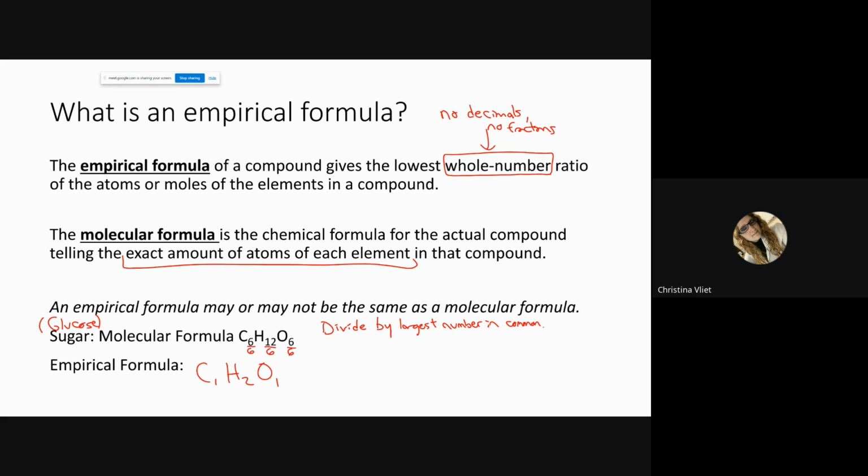So all simple sugars actually keep this ratio. Not only glucose has this ratio, but fructose has this ratio, and galactose has this ratio. And so if you were to do a further study in biochemistry or biology or chemistry, you can look at this empirical formula and go through a class of compounds that has that empirical formula.